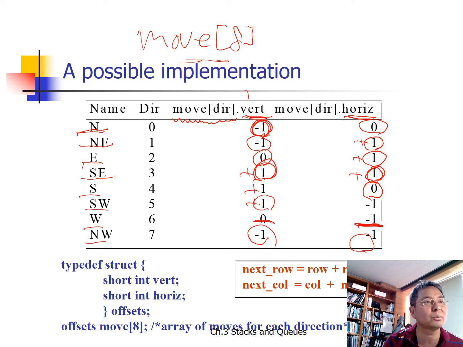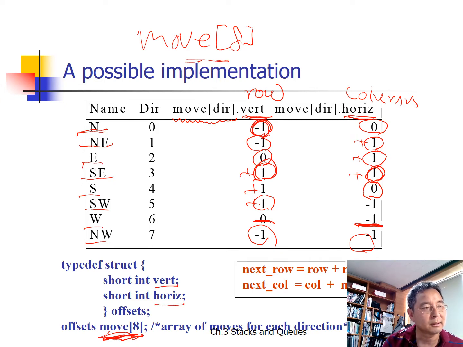Vertical means the row value, and horizontal means the column value. So we define the move array, which has two components, vertical and horizontal.